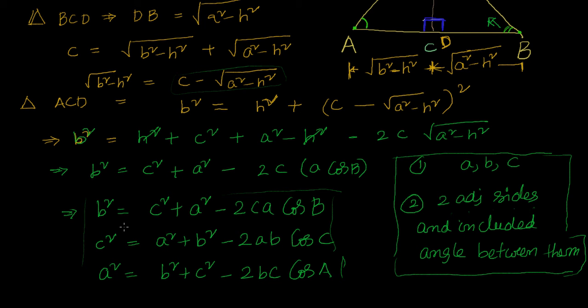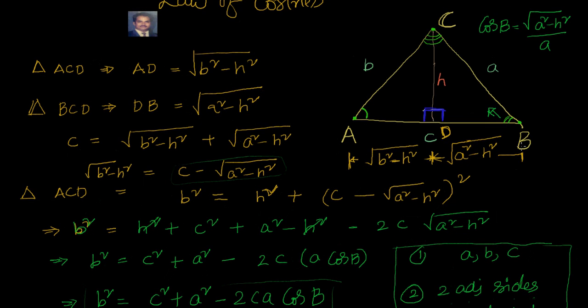B square, you want to find out related to cos b, you say b square equal to c square plus a square minus 2ac into cos b. Similarly, you want c square, what you will do? c square equal to a square plus b square minus 2ab into cos c. That's what you have shown here.